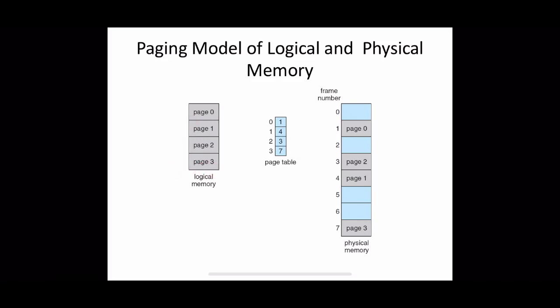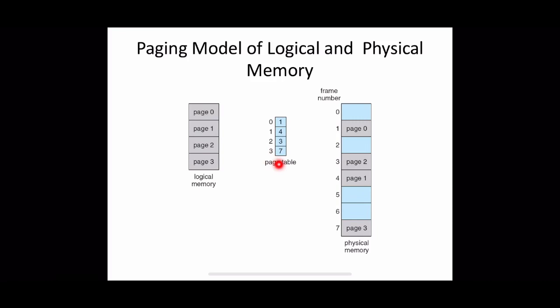This is the physical memory we currently have. We have divided the entire memory into 8 different frames, and we are mapping the pages into the free frames available. So page 0 is mapped into frame 1, page 1 into frame 4, like that. All the pages are mapped into free frames in the physical memory, and this information is kept in the page table.